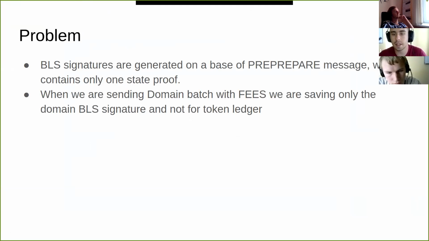When we are sending the main batches with the fees, we are sending only the domain BLS signature and not one for the token ledger. So when we are asking for a state proof for the token state, or trying to read some get TXN state, it just won't work.